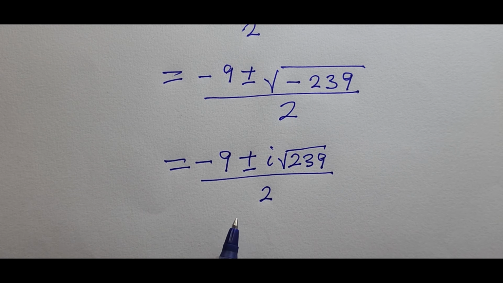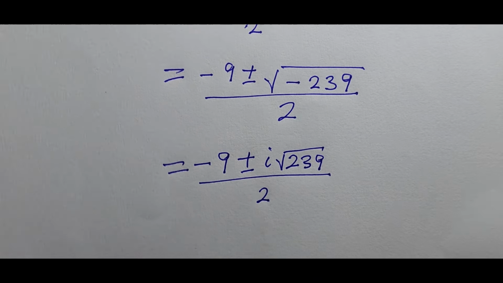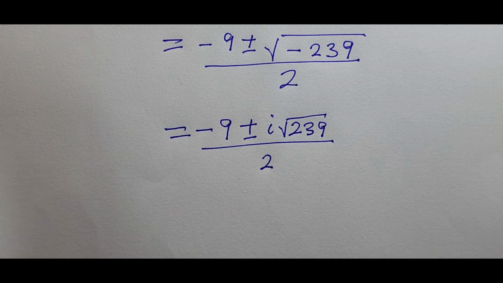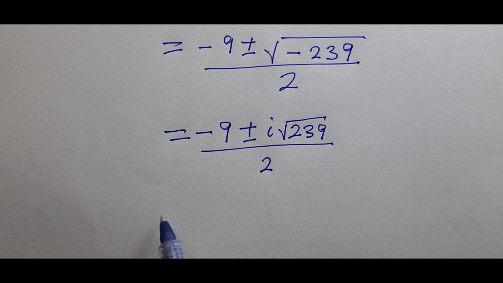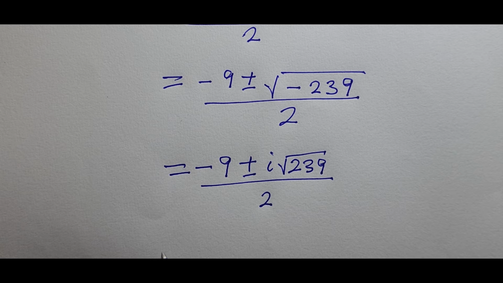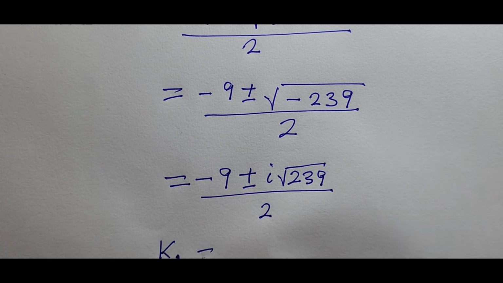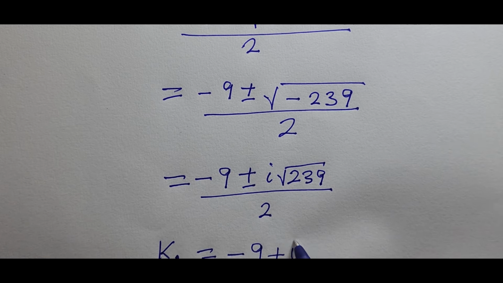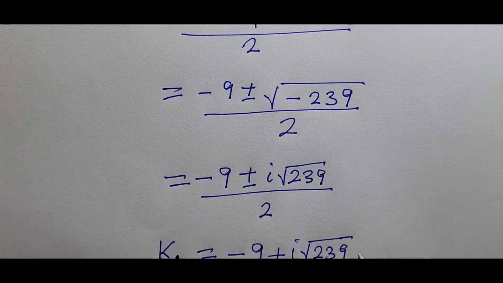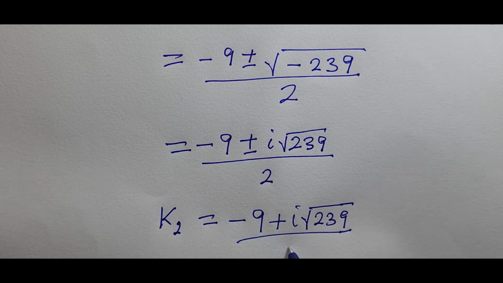And so we have two solutions to this expression. So what are the solutions here now? We have K2 and K3. K2 is equal to minus 9 plus iota times the square root of 239, all over 2.